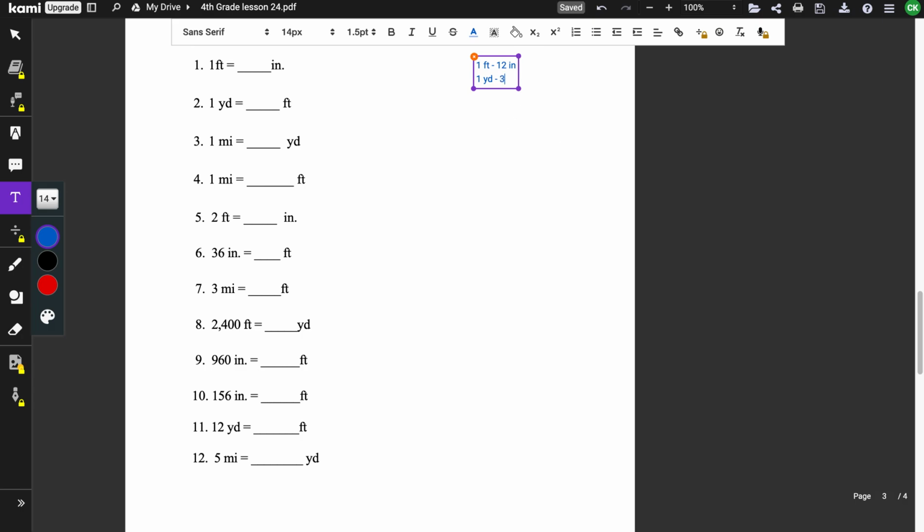Give me a second, sorry. In 1 yard there are 3 feet, and this should be enough information for you to basically quote unquote solve it.